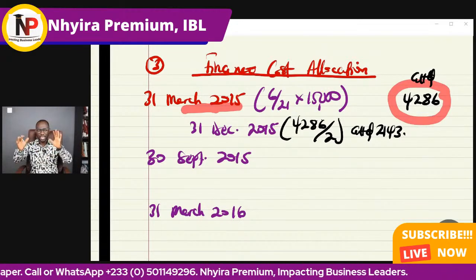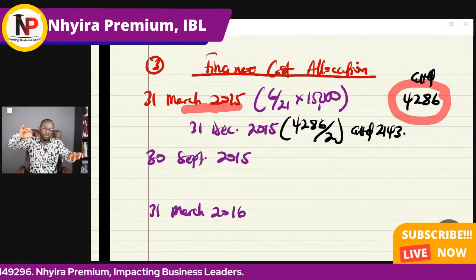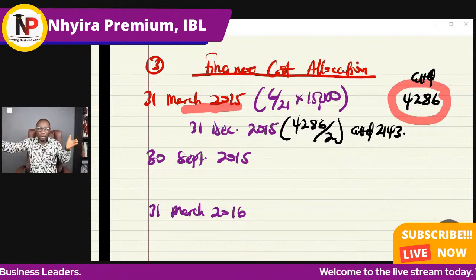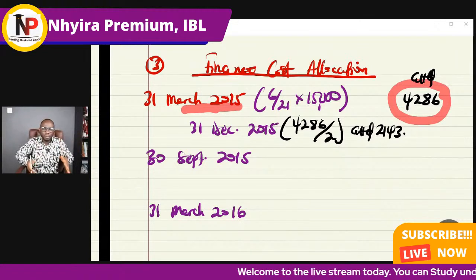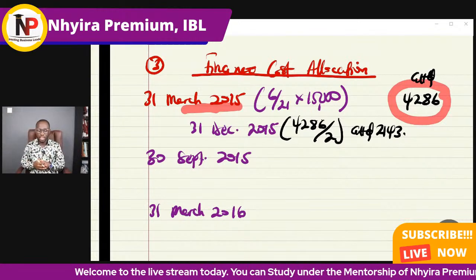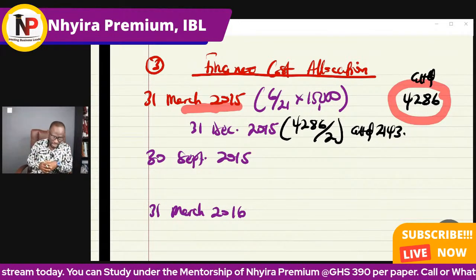I hope you are getting the idea, because from 30th September 2014 to 31st March 2015, it's 6 months. But we are preparing the financial statement up to December. So we have to take half of that, and that will be charged to the financial statement for the 31st December. That is why we do the break in that case.